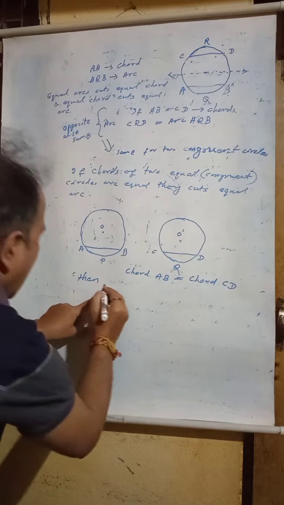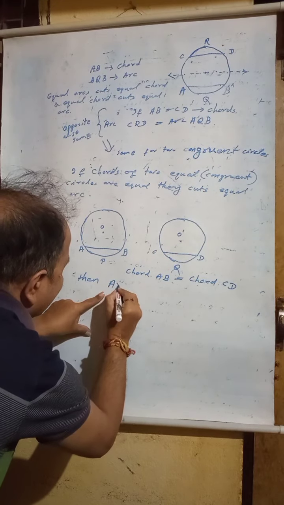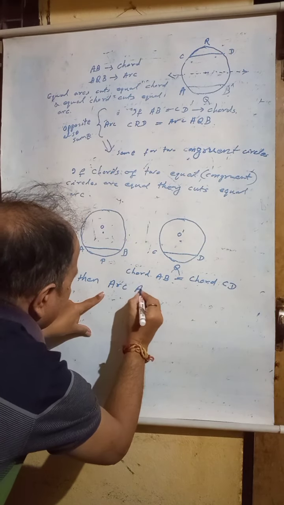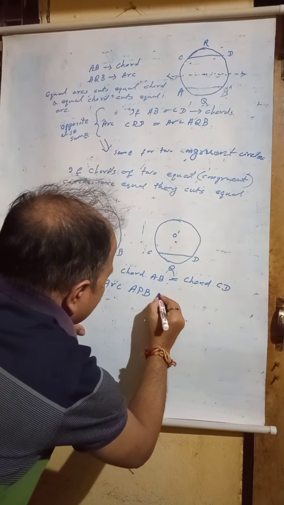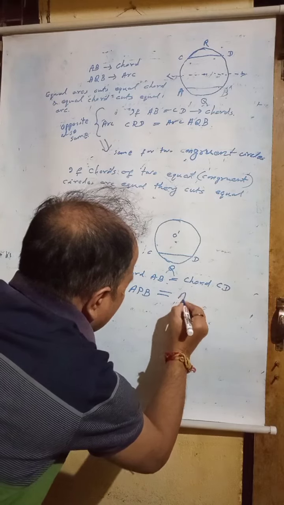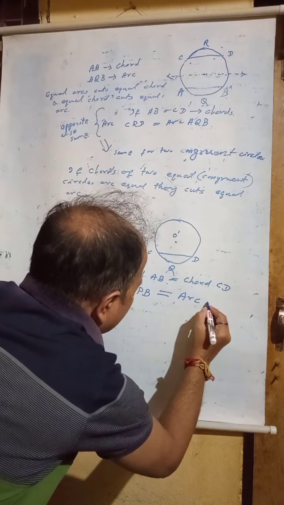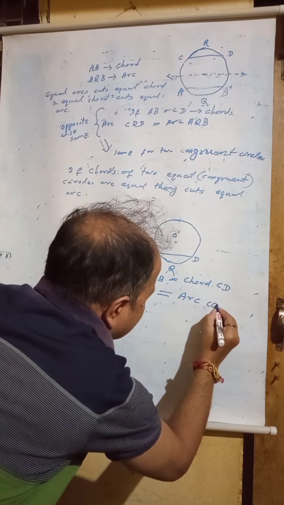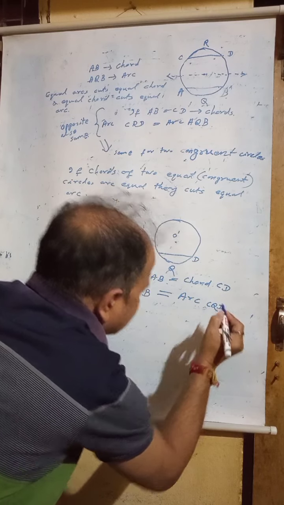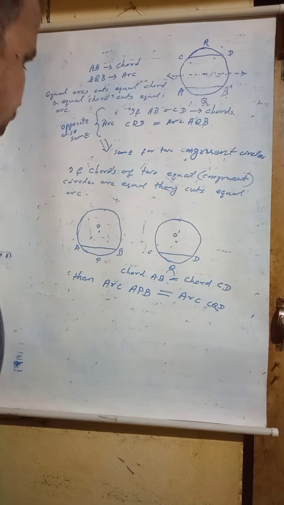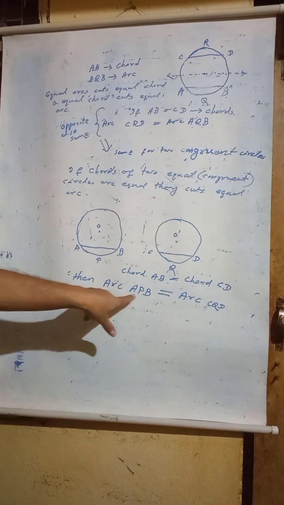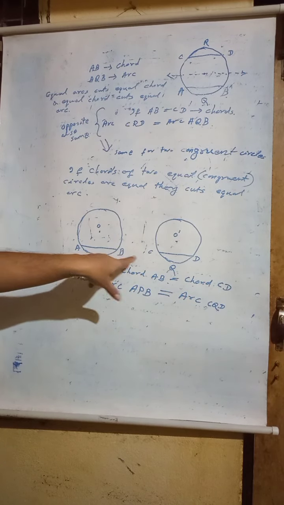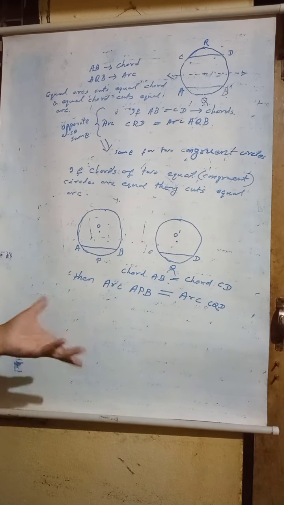That is, arc APB will be equal to arc CQD. Got this point? If two chords are equal, then the arcs APB and CQD are equal.